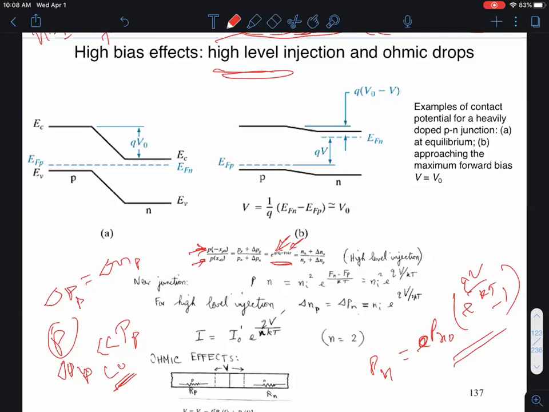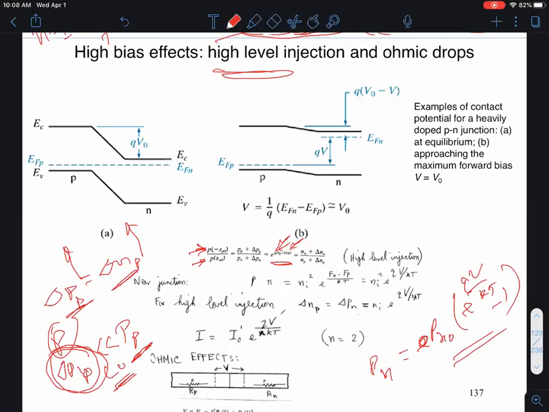Well, it turns out, if you keep cranking up the voltage, forward bias more and more, as the minority carrier concentration goes up, so will the majority carrier concentration by exactly the same amount to maintain space charge neutrality. And at some point, you can no longer claim that the change of the majority carrier concentration is negligible compared to the starting value, right?